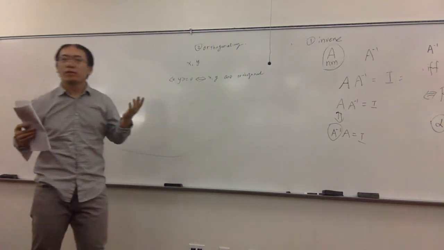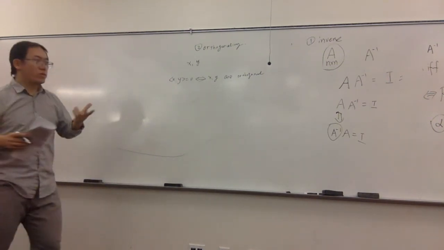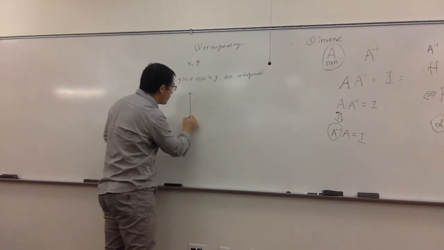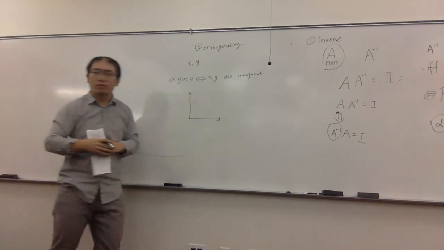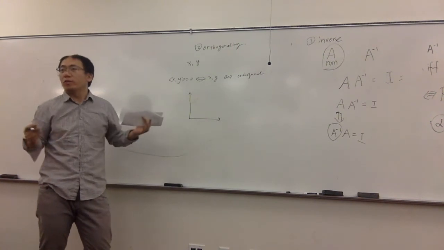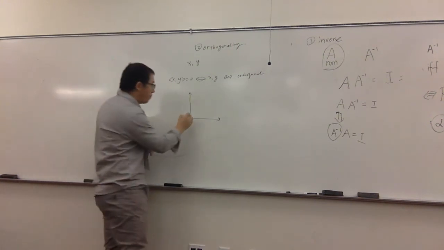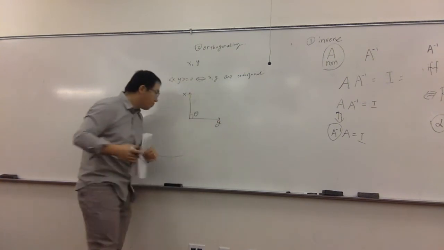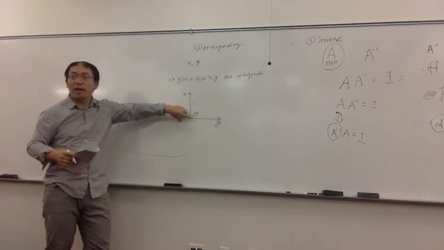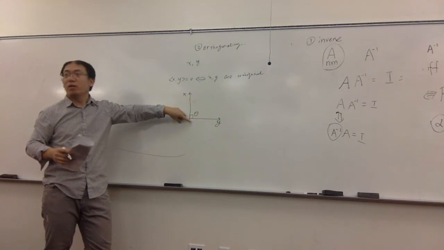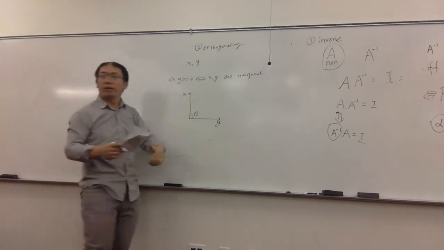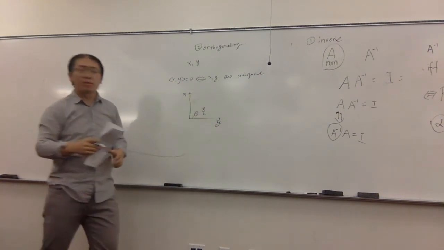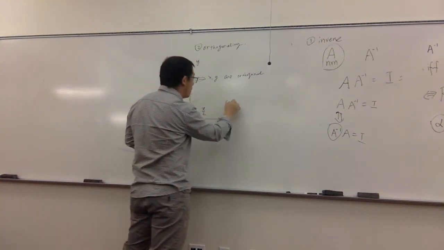Nothing different. And from a geometry point of view, it means that the two vectors are perpendicular to each other. So here is x, here is y, and the angle between x and y is 90 degrees, or pi over 2. You can easily verify this using the formula we mentioned before.